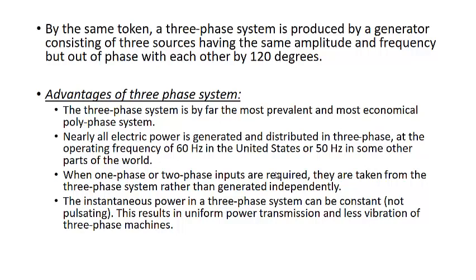The instantaneous power in a three-phase system, which is one of the most important advantages of a three-phase system, can be constant, which is not pulsating. That means it is time independent. In a single-phase system, we saw that we have an instantaneous power. It has a constant term which was equal to VI cos phi divided by 2, and it has also a term that was VI sin phi, sin of 2 omega t minus phi.